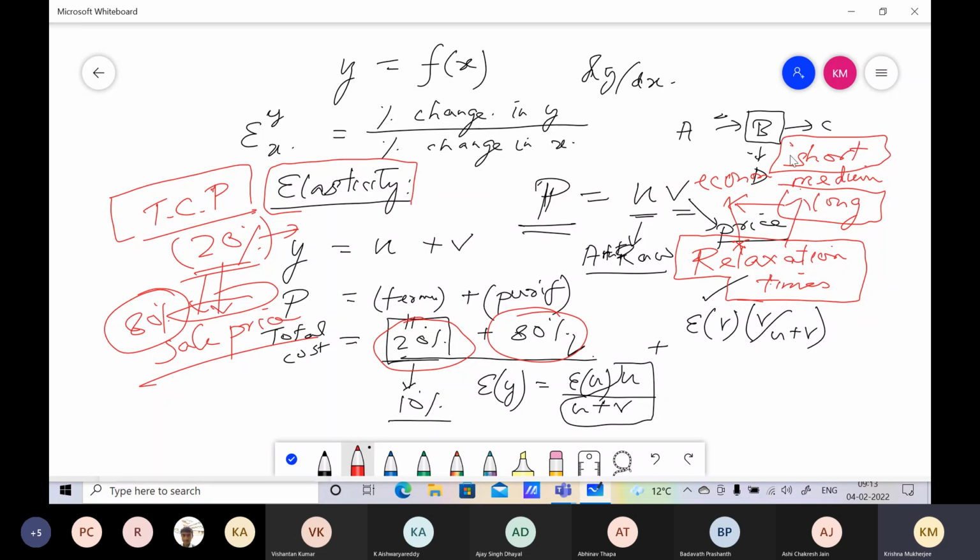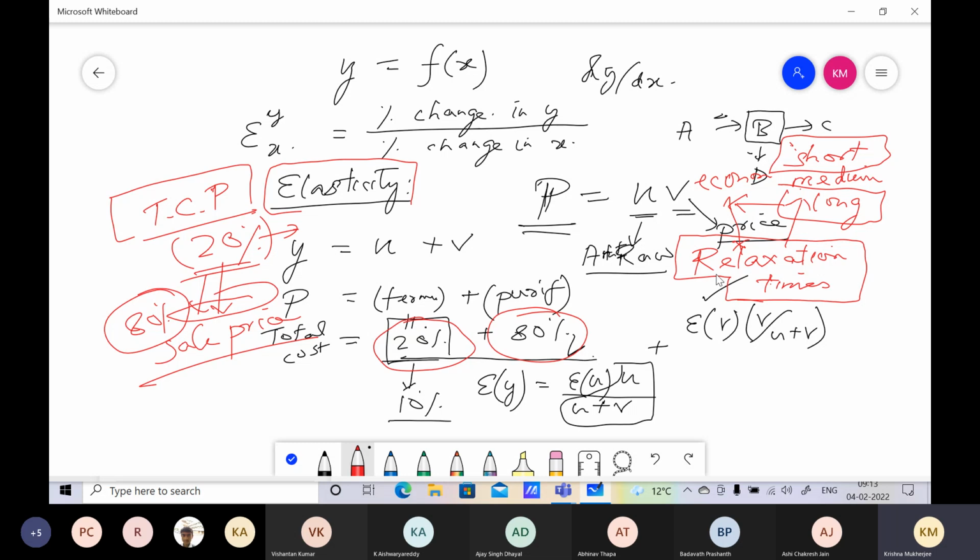Your window of observation for short-range profits is too small, and these are very, very large relaxation times.